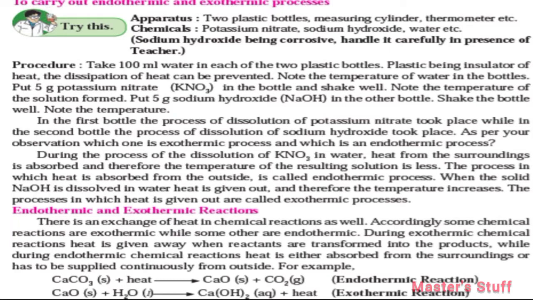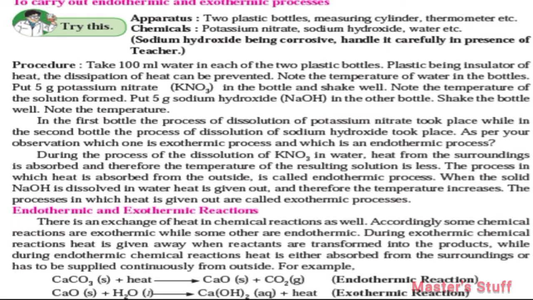Now, let's understand what are endothermic and exothermic reactions. Till now we had studied that heat exchange takes place during chemical reactions. Accordingly, chemical reactions are classified into exothermic and endothermic reactions. During an exothermic chemical reaction, heat is given away, while during an endothermic chemical reaction, heat is absorbed from the surrounding.